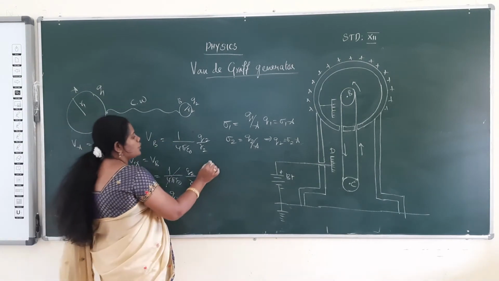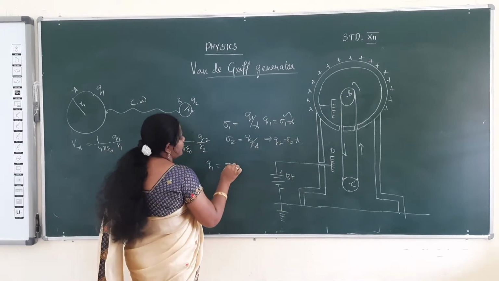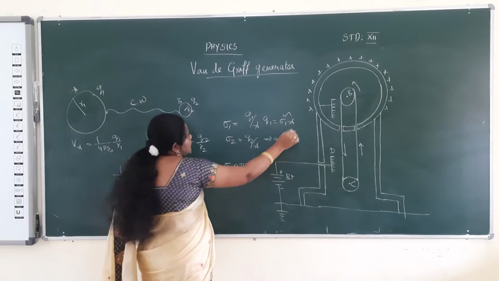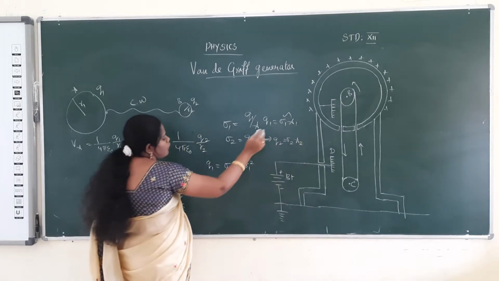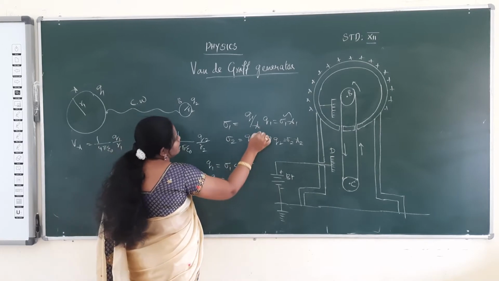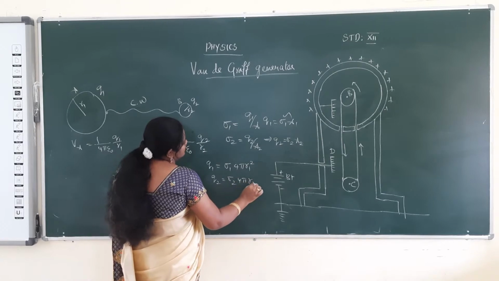So Q1 is equal to sigma 1 into 4 pi R1 square, and Q2 is equal to sigma 2 into 4 pi R2 square.